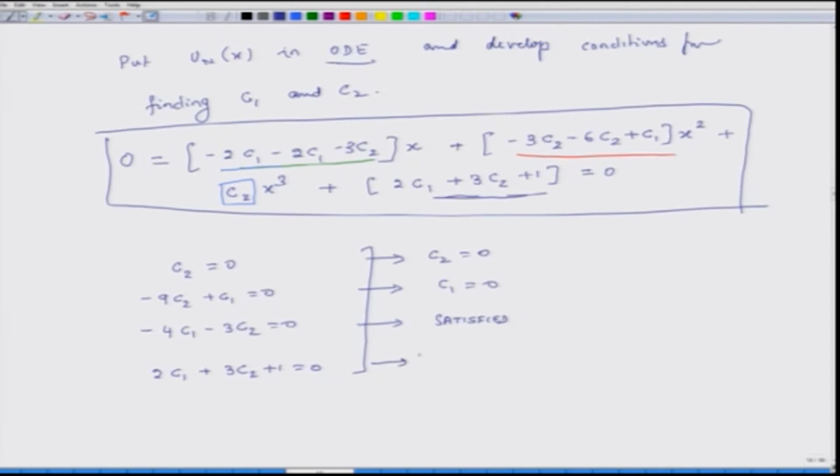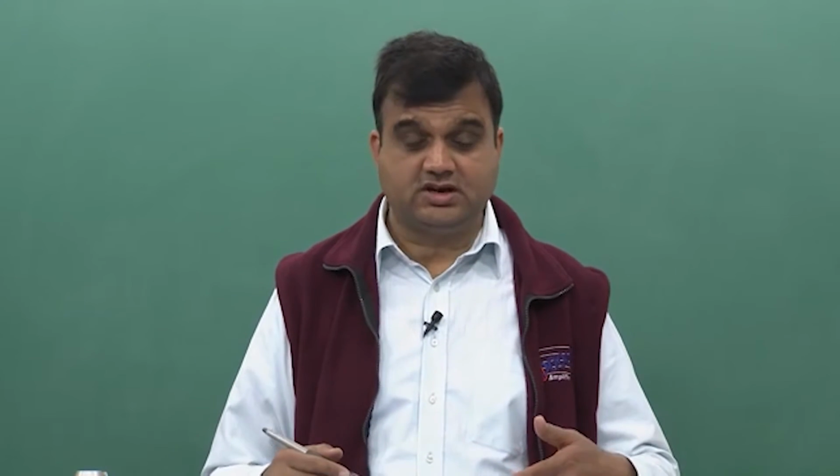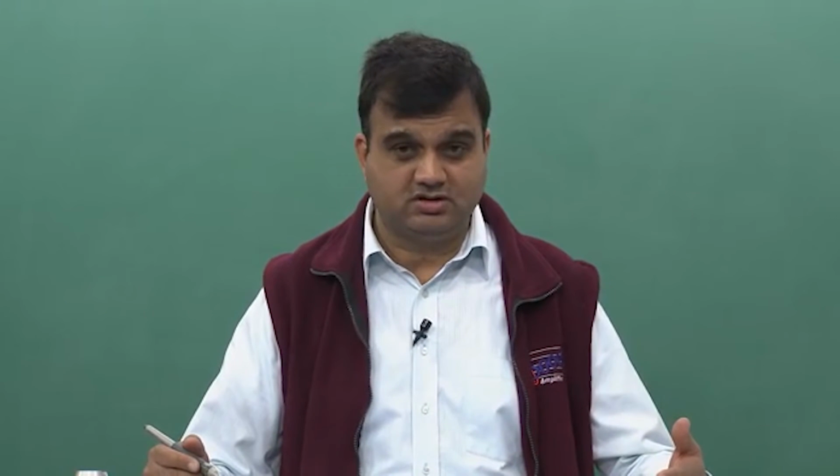But what about this equation? It is satisfied or not? It is not satisfied, right? So, what this shows is that we have to now go back and figure out some other function, because this function does not satisfy the ordinary differential equation.